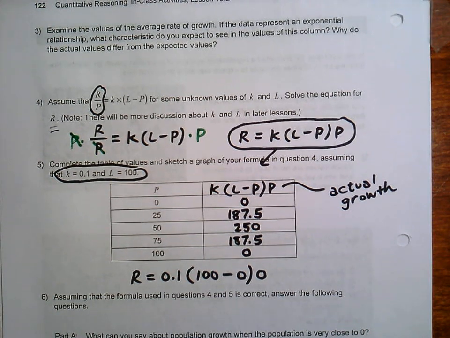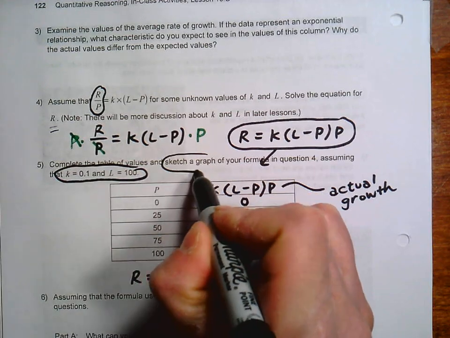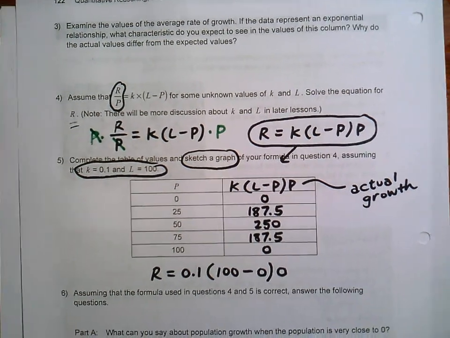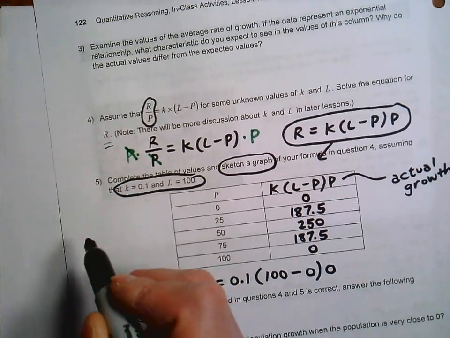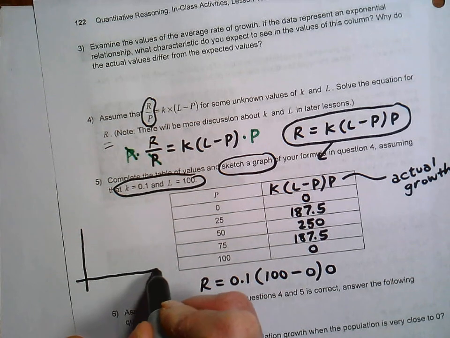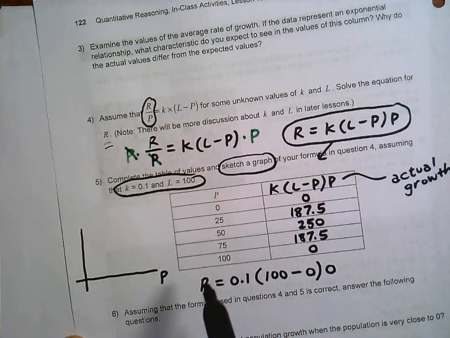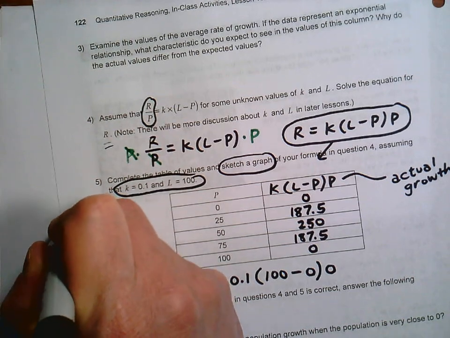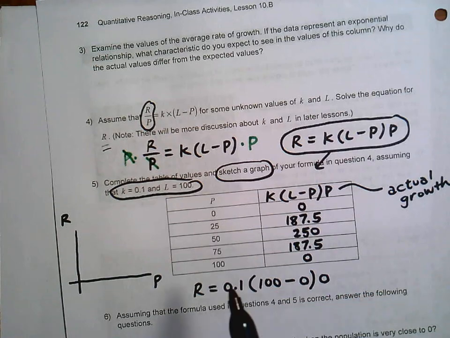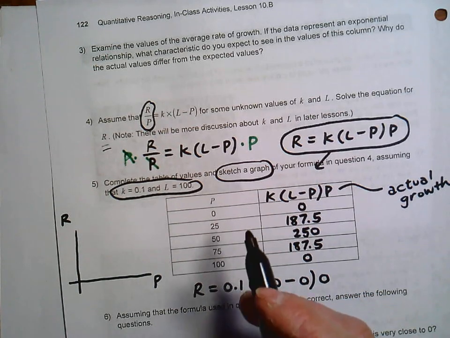So we filled in the table, and then it says also to sketch a graph, right? So to really show what does this look like as a graph. So I'll go over here and do it. I'll do just a rough one. So P is acting like our x, right? So this is our x coordinate, and then R is our rate. So the entries for P, right, jump up by 25.